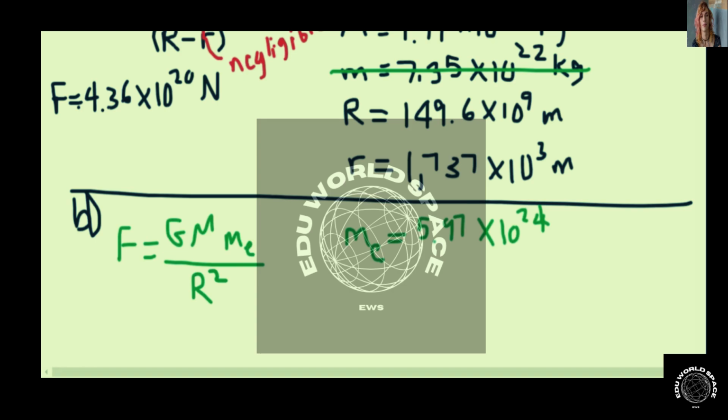Put that into a calculator. 5.97 times 10 to the 24th power.